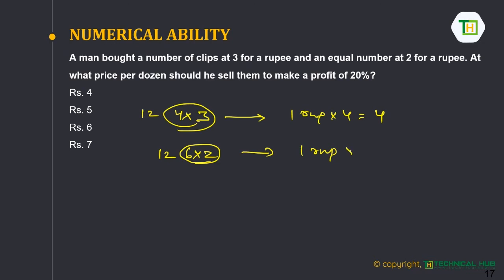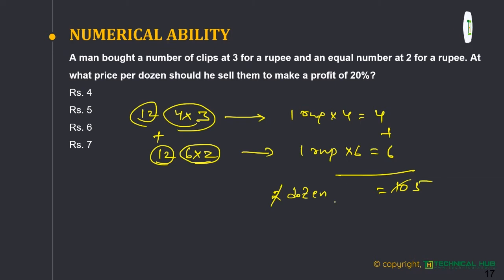Here also I need to multiply with 6, which is equal to 6. So the total is 2 dozens, 12 and 12. 2 dozens price is equal to 10 rupees, 4 plus 6. And 1 dozen price is equal to 5. This is 1 dozen cost price.